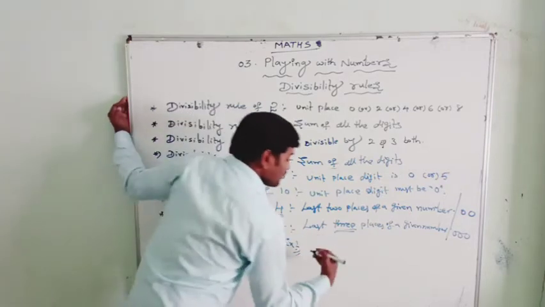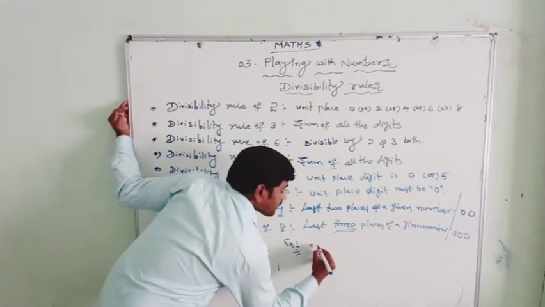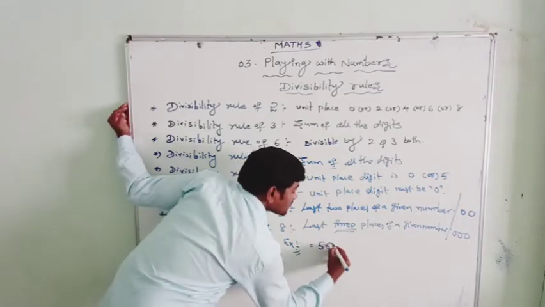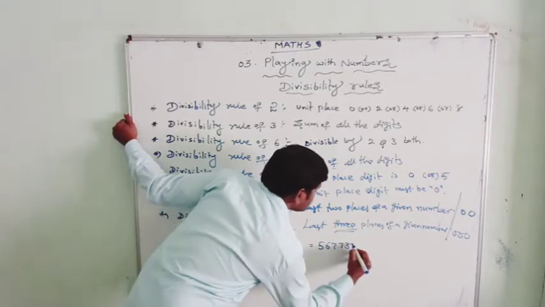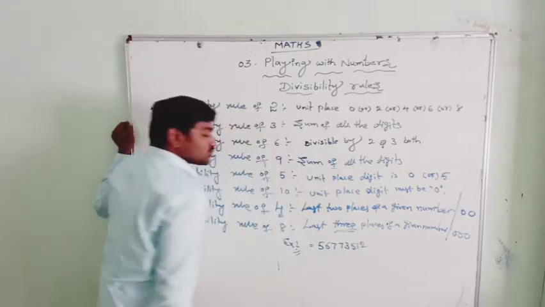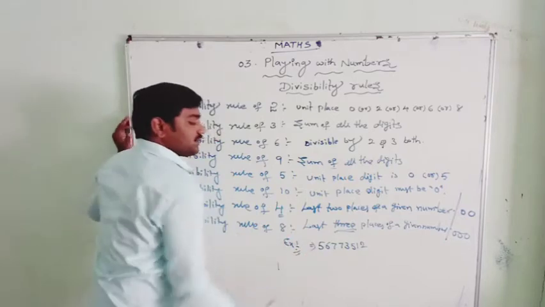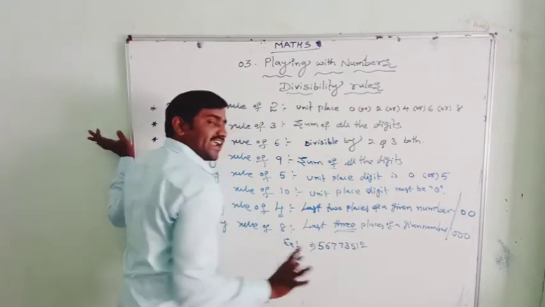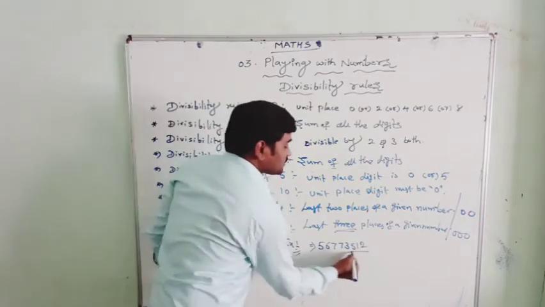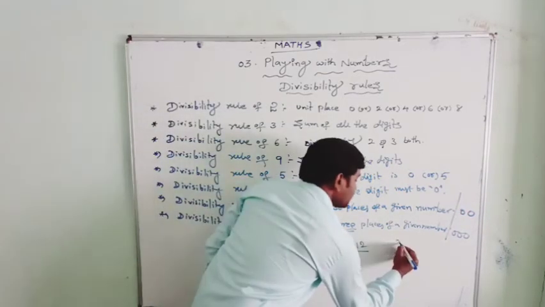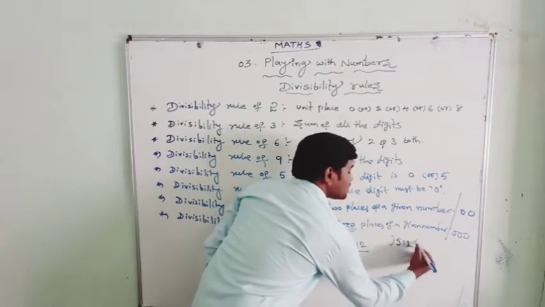Let me write some examples. See here, 562,73,512. This is a very big number. Let us see, is this number divisible by 8 or not? How to check? We have to check only the last three digits. The last three digits are 512. Is 512 divisible by 8 or not?